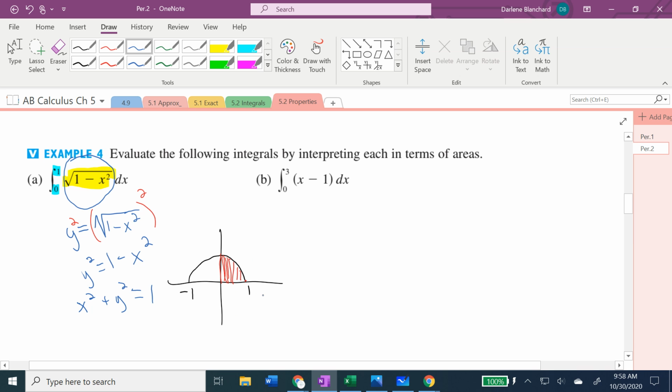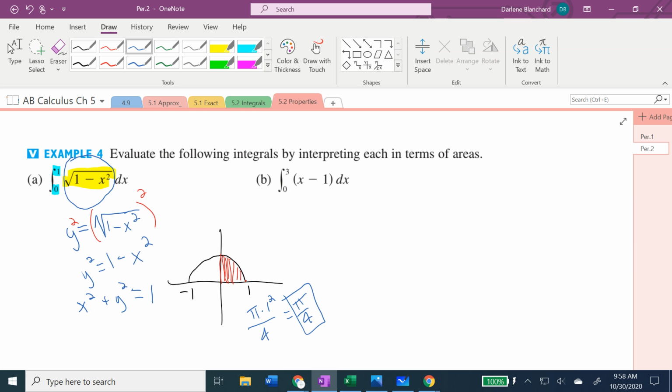So if we were to do the area of the whole circle, we would get pi r squared. There you go. 1/4 pi r squared, which would be pi over 4. And it's above the x-axis, so it's positive.